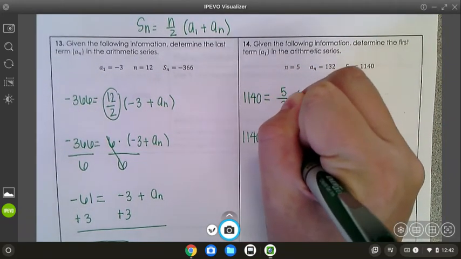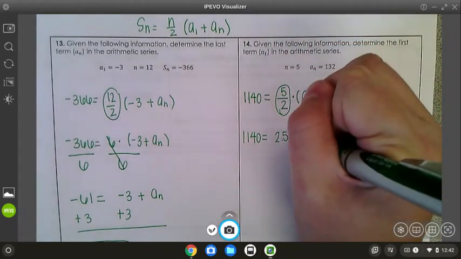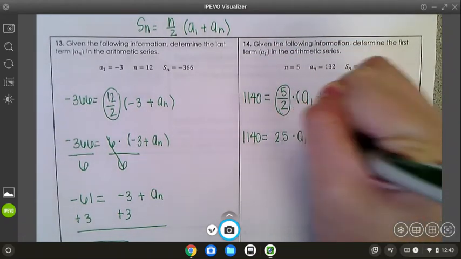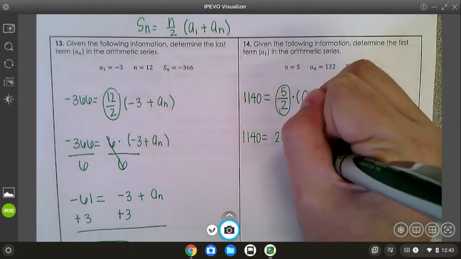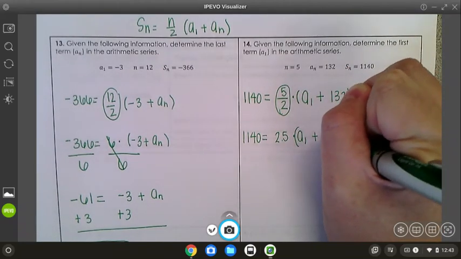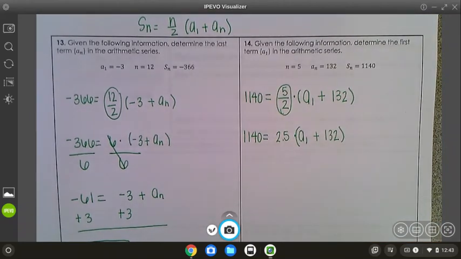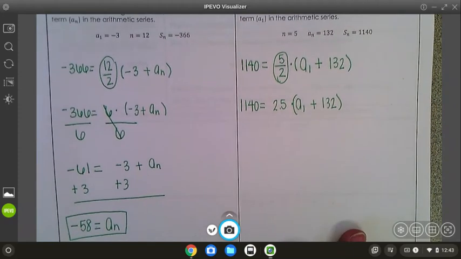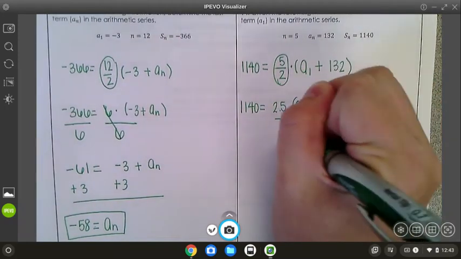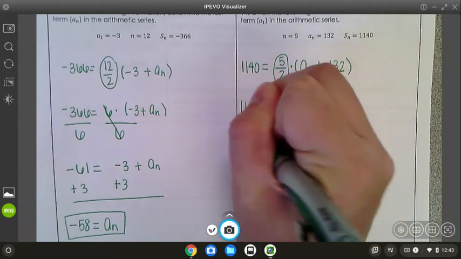This is 2.5 right there. So we could divide both sides by 2.5.